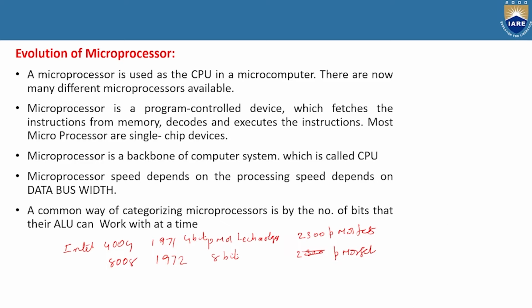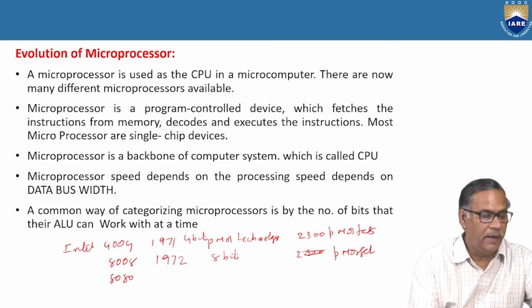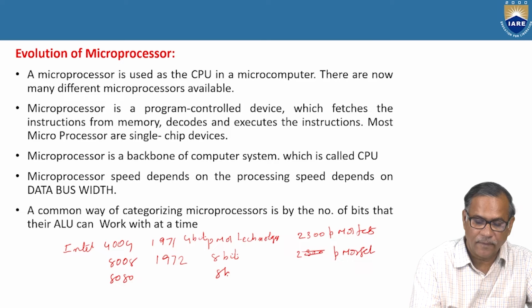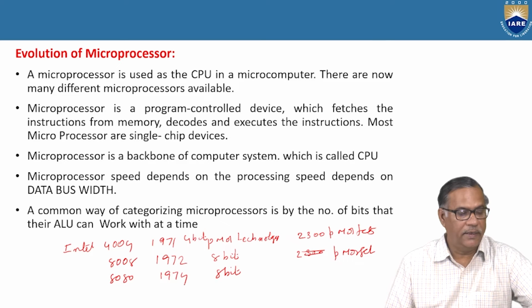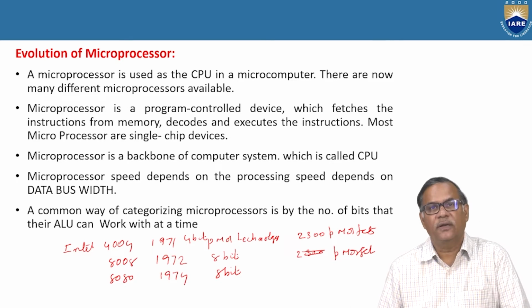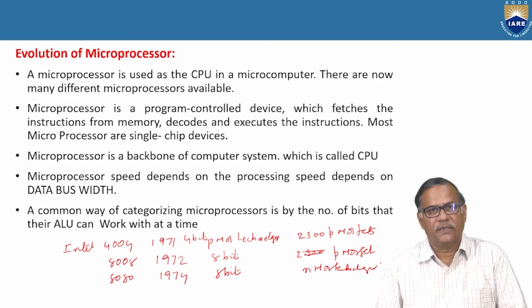This also was based on P MOSFET technology. Next, Intel made the 8080 CPU, which was 8-bit, made in 1974, and based on NMOS technology.